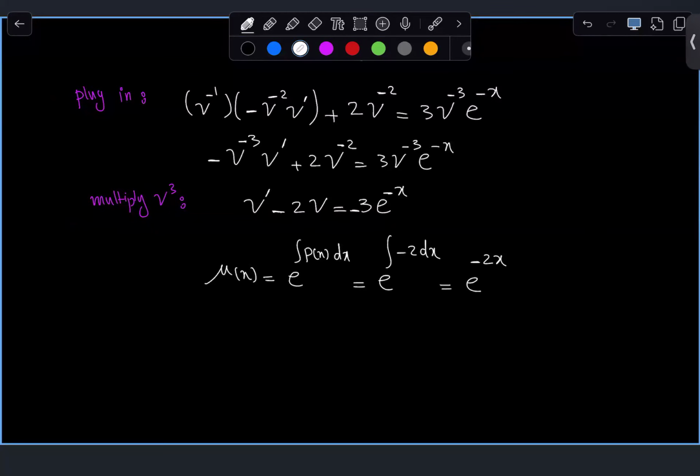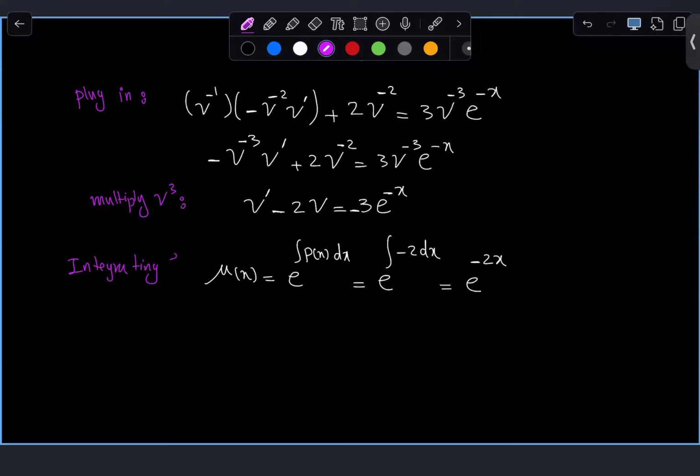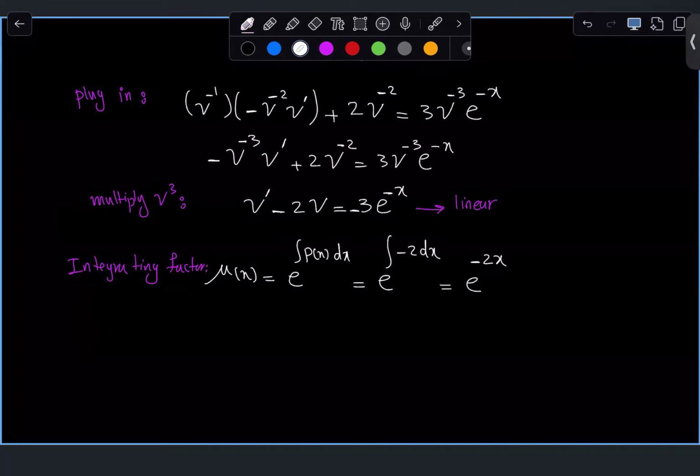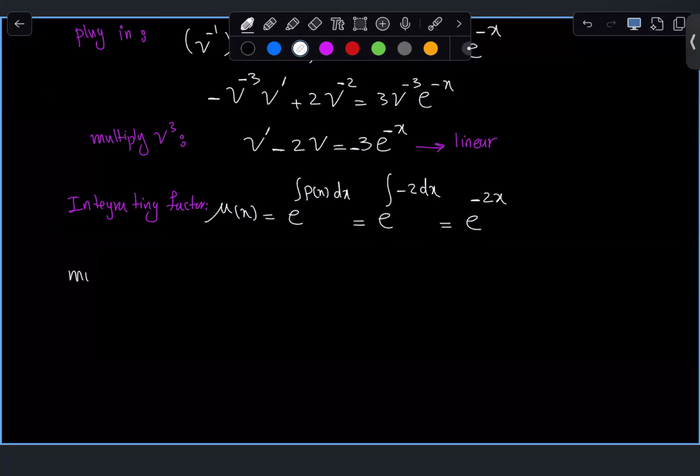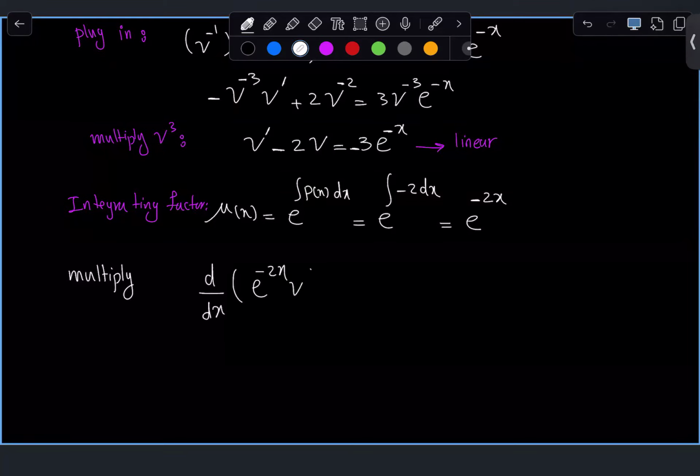So what was the next step after the integrating factor? We multiply it, right? Let me write down that this is linear. So once you multiply, we will have, if we've done it right, something like this: d/dx of e to the -2x times v is -3 times e to the -3x.